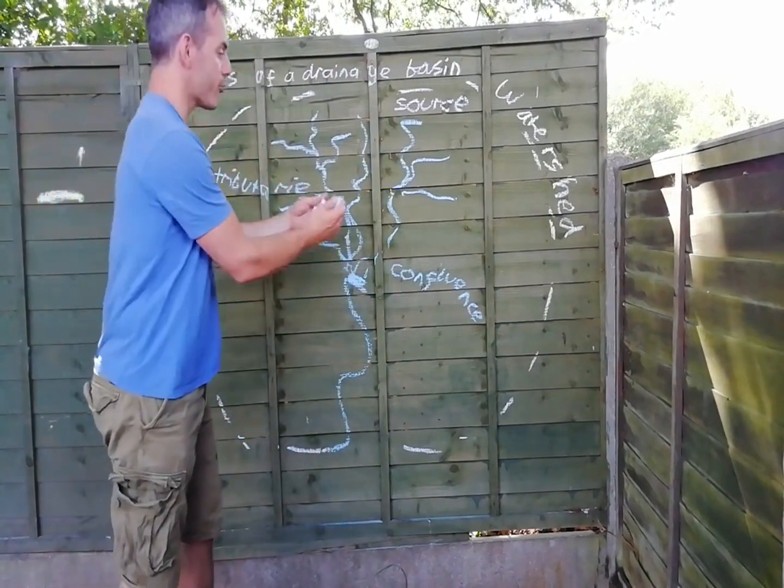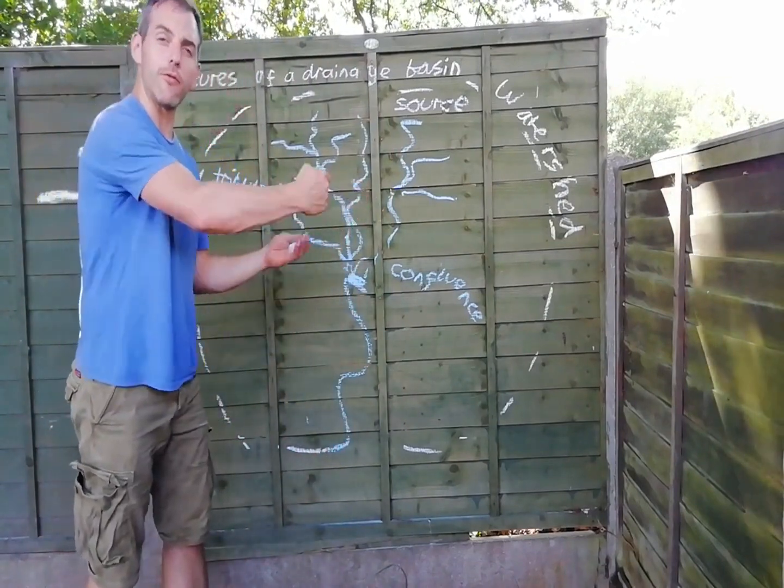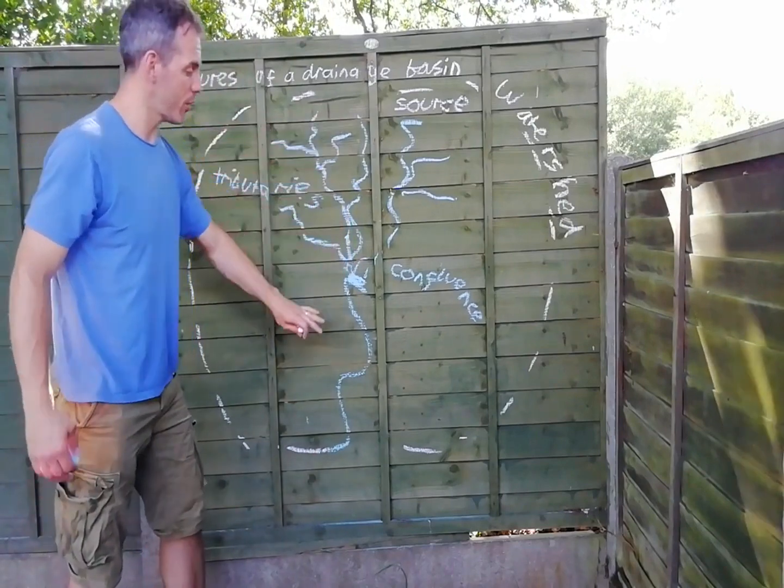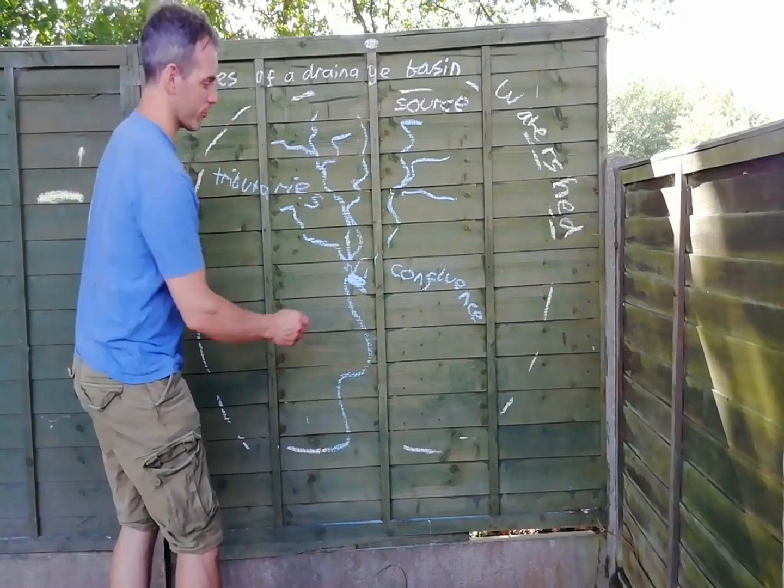What you find is the river starts to get wider as you go further down. So you start at the upper course, then you go to the middle course, and then finally to the lower course.